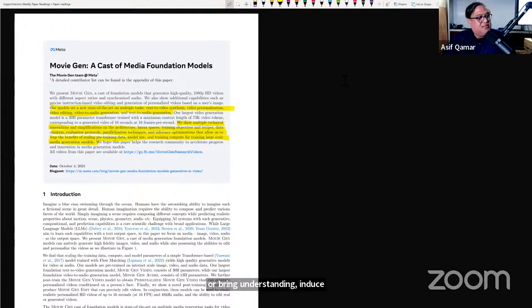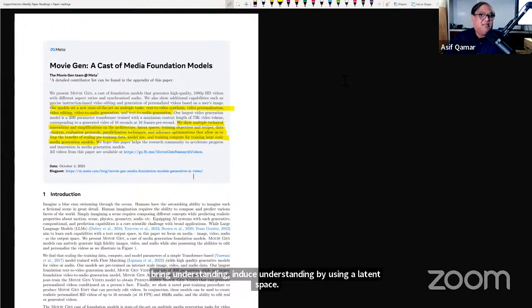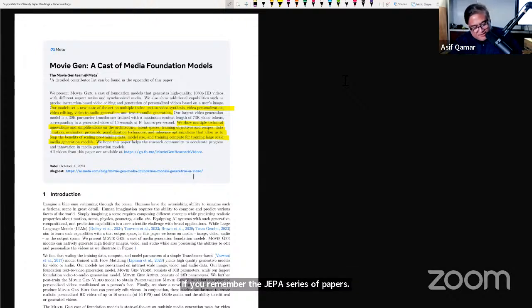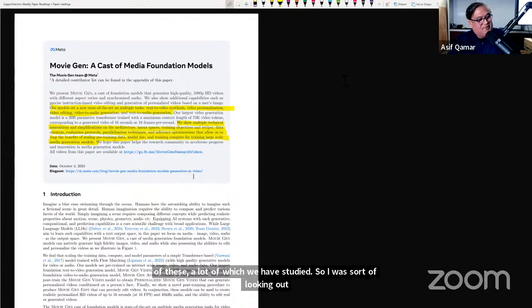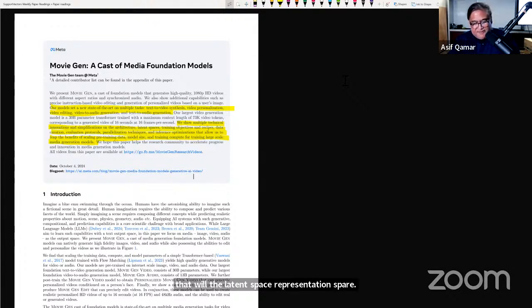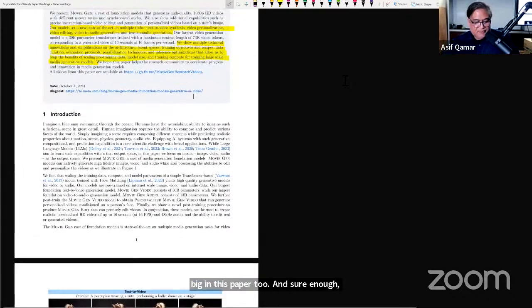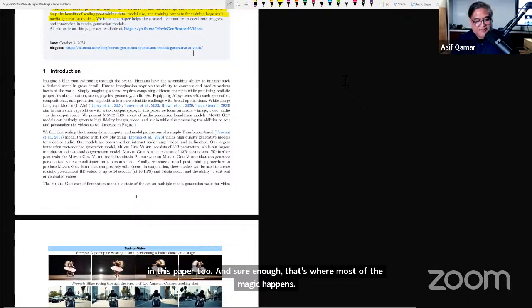If you remember the JEPA series of papers, and then of course Yann LeCun's position paper, a lot of which we have studied. So I was looking out to see whether latent space representations would figure big in this paper too. And sure enough, that's where most of the magic happens. I won't read the rest of the intro, but let's read this.